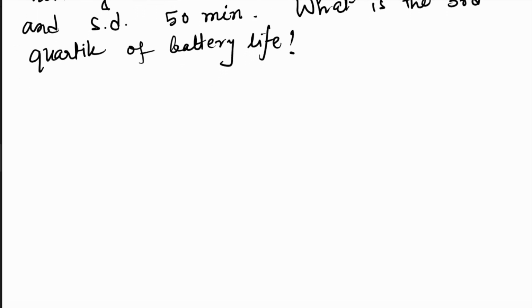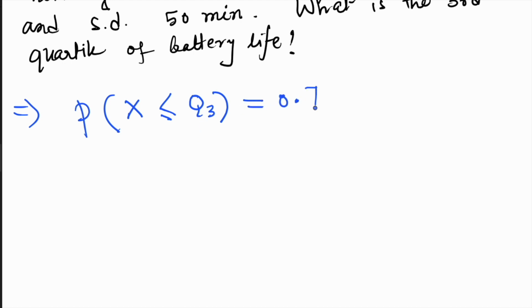That means we have to calculate what is the probability that x is less than or equal to Q3. This is the value of the third quartile such that this probability is 0.75.